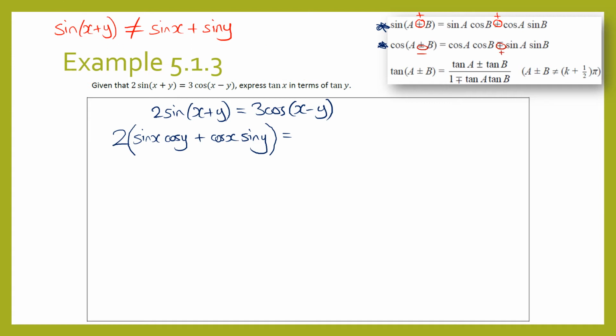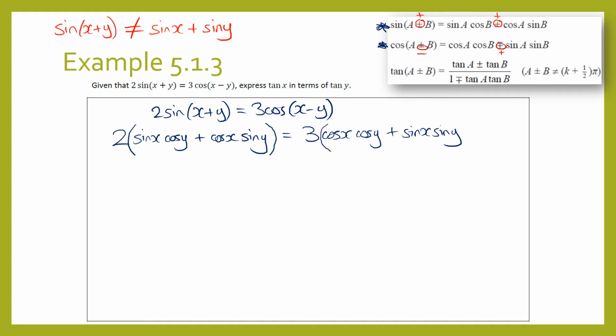So now the right hand side, cos of x take away y, which is going to be cos x cos y plus sin x sin y. There we go. That is cos of x take away y. So again, we've got this 3 here. So don't make the mistake of just putting the 3 there and only timesing the first term by 3. That's wrong.